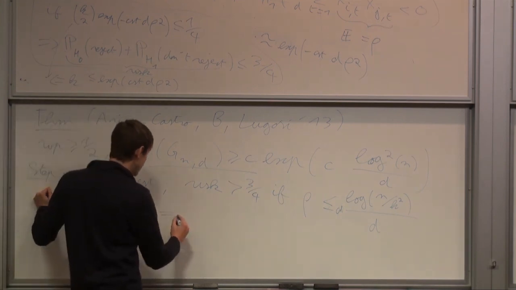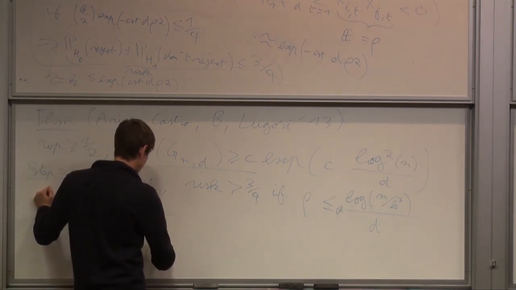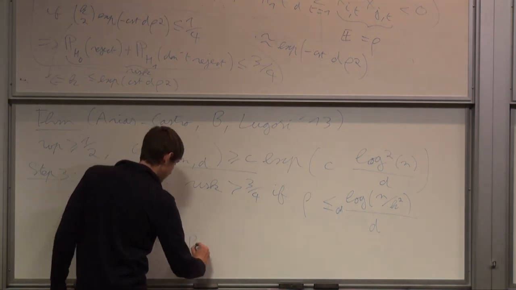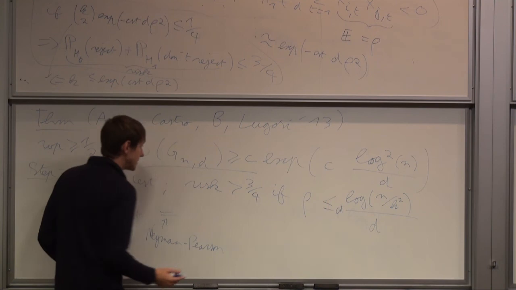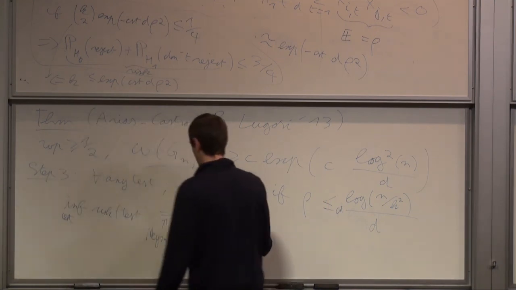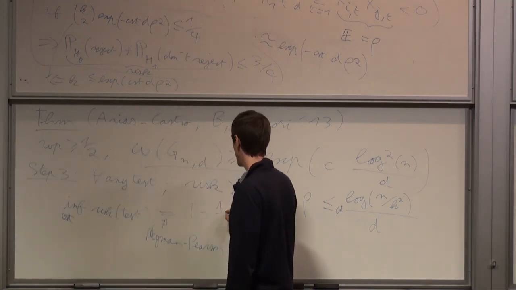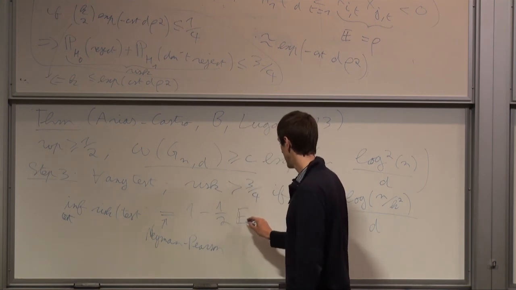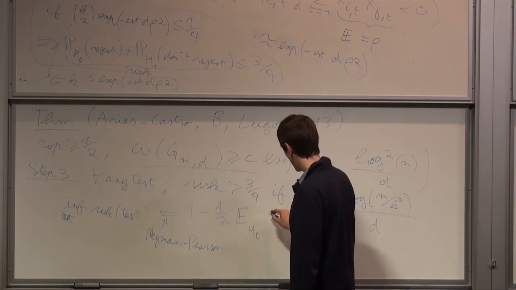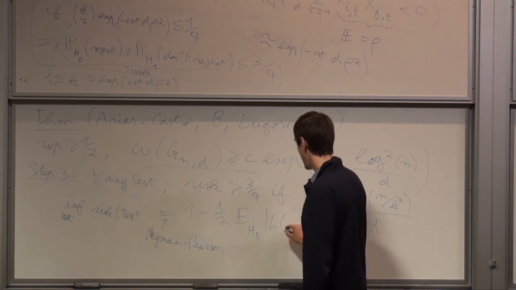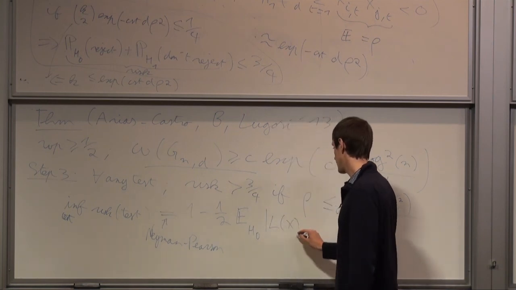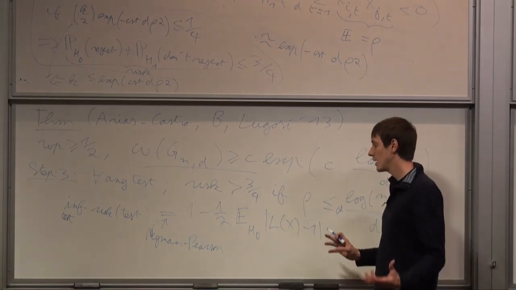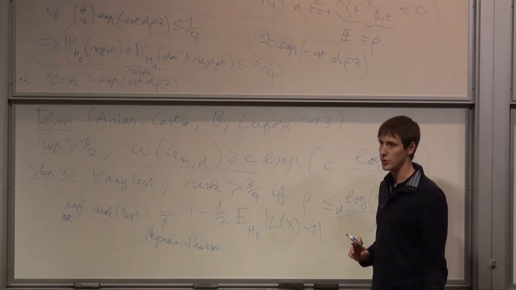Well, that's equal, and that's called the Neyman-Pearson lemma, to basically 1 minus 1/2 times the expectation under the null of the absolute value of L of x minus 1, where L of x is a likelihood ratio between the null and the alternative.